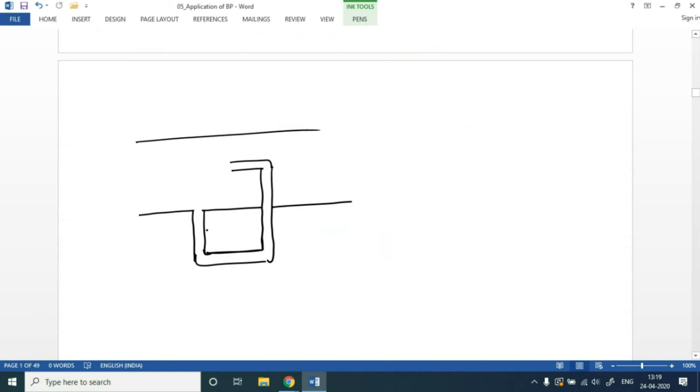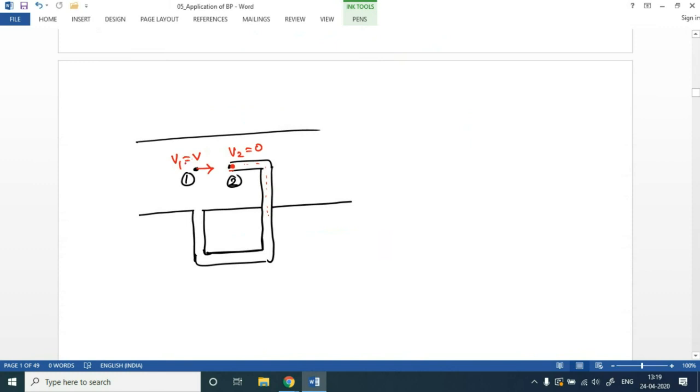Let's say this is point 1 and this here is point 2. As we have stated already, let's say the velocity of the fluid at point 1 is going to be v, which we are intending to measure. But just inside it, there would be no longer a flow of the gas in this part. So V2 is going to be equal to 0. V1 is equal to V, and V2 is equal to 0.